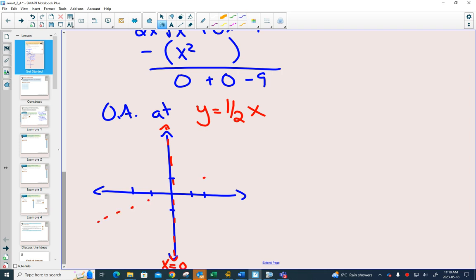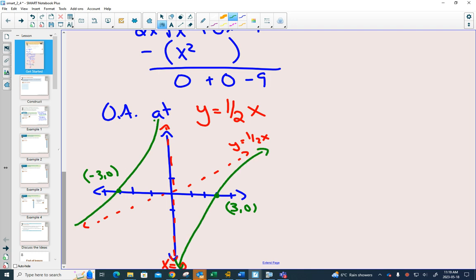We can use the slope of 1/2 and draw the asymptote at y equals 1/2 x, and we can plot our x-intercepts at (3, 0) and at (-3, 0). This is enough to draw your final graph towards the asymptotes.